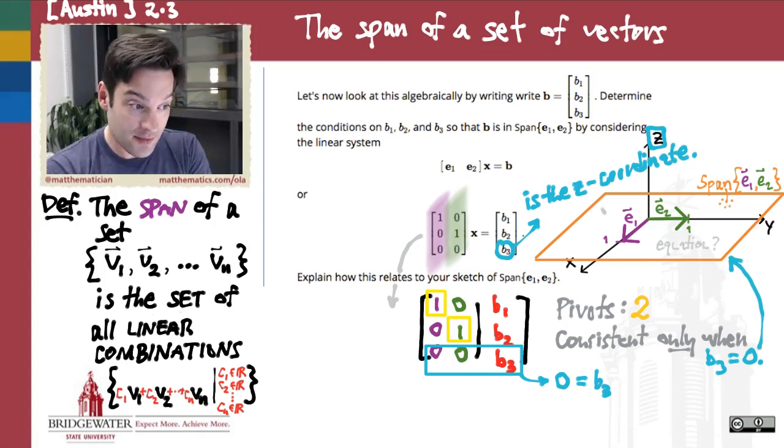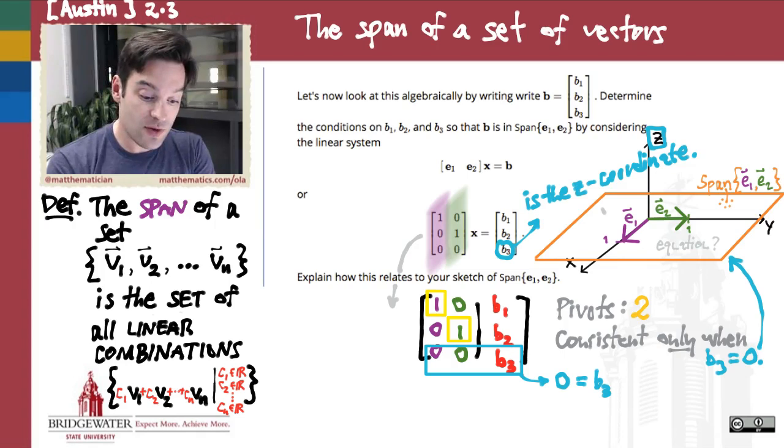So what this is saying is that if somebody chooses for me a vector inside of 3 dimensions, then if the third coordinate of that vector is 0, this system will be consistent, and b will therefore be an element of the span of e1 and e2. And if the third coordinate is not 0, then this condition won't hold, this system will be inconsistent, and b will fail to be an element of the span.